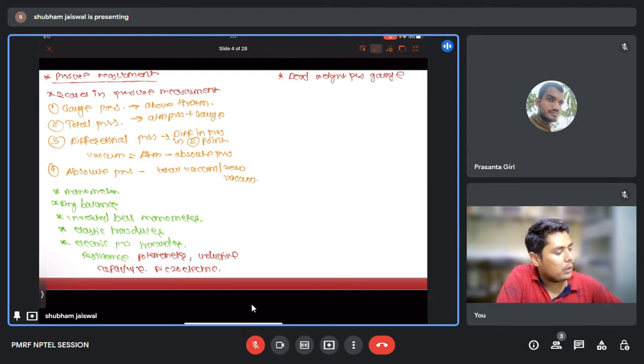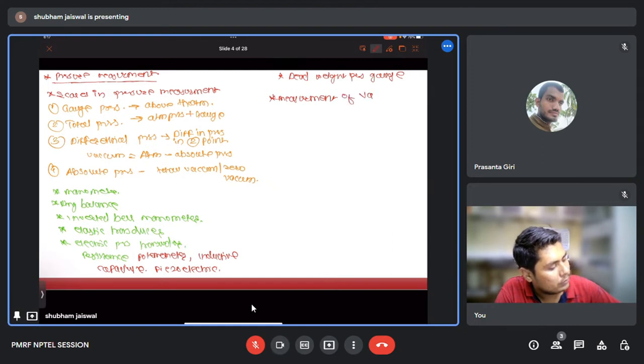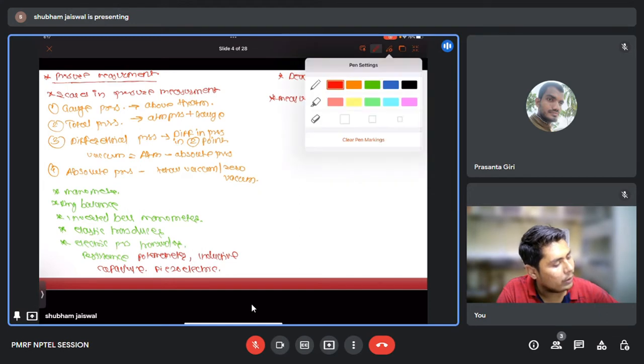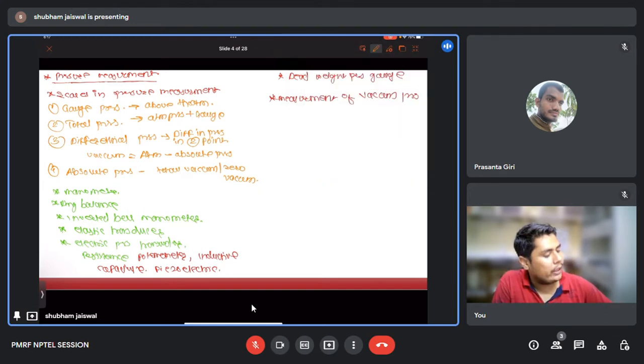Then after the measuring of the pressure above the atmospheric pressure, we move to the measurement of vacuum pressure. In this we have seen the different gauges, that is the McLeod gauge. Then we have seen the Pirani gauge.